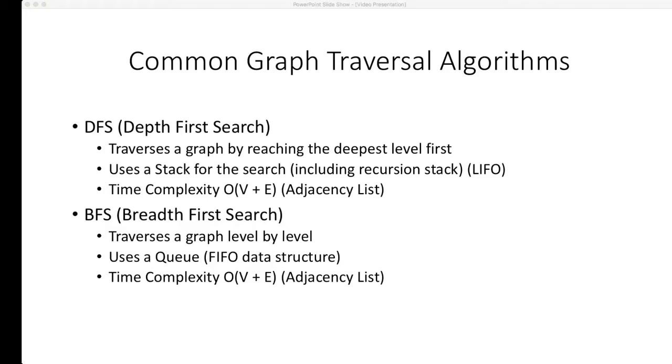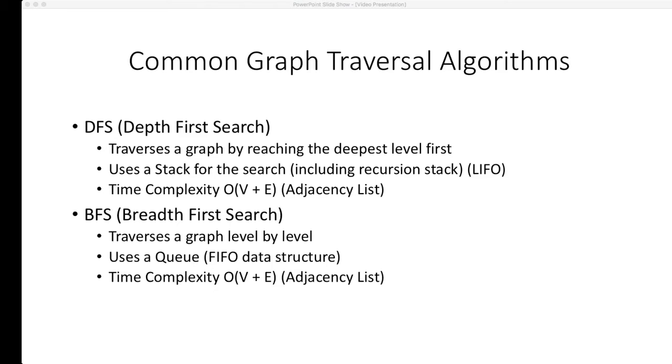Now I'm going to go over the two key essential graph traversal algorithms: depth first search and breadth first search. So DFS uses a stack to traverse the graph by reaching the deepest possible level first.